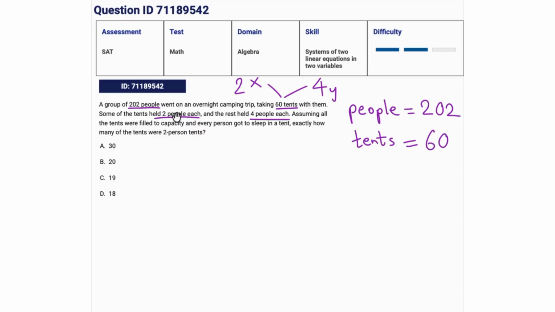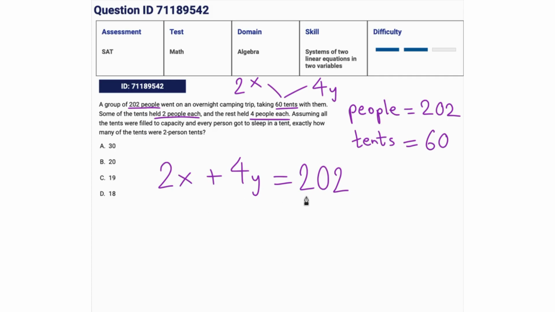Now, some of the tents held 2 people each, so 2 times X, and the rest had 4 people each, plus 4Y. Here we're multiplying the number of people in each tent with the number of tents. So that will give us the number of people in total, 202 people.